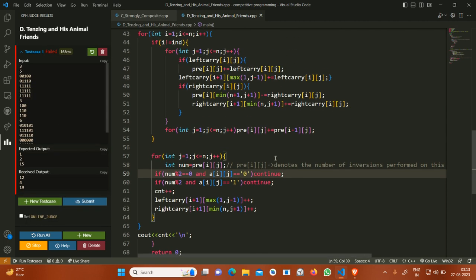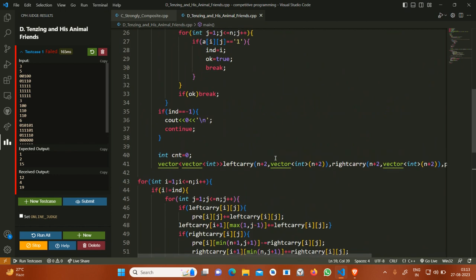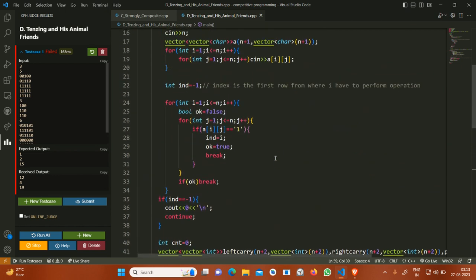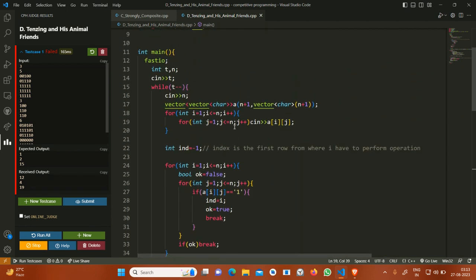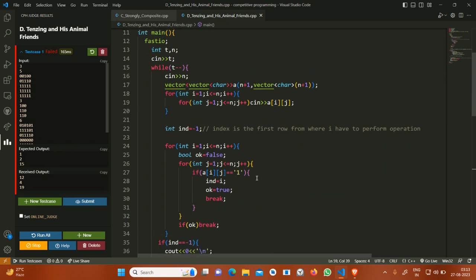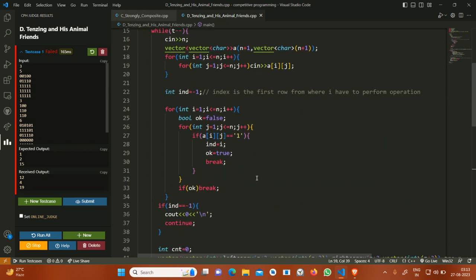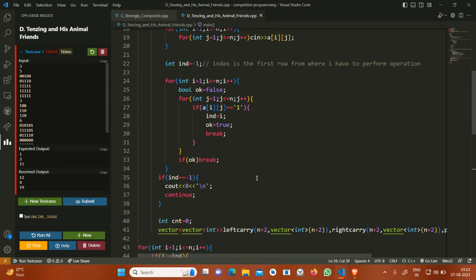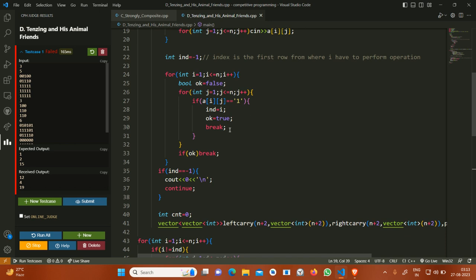So it had failed somewhere. Let's see why it is failing. I have taken the input correctly, then if a i j equals 1, then index equals i, ok equals true, break.